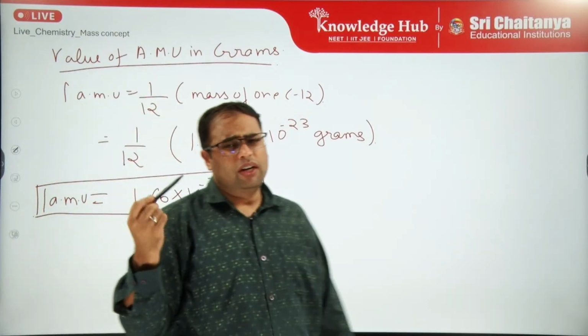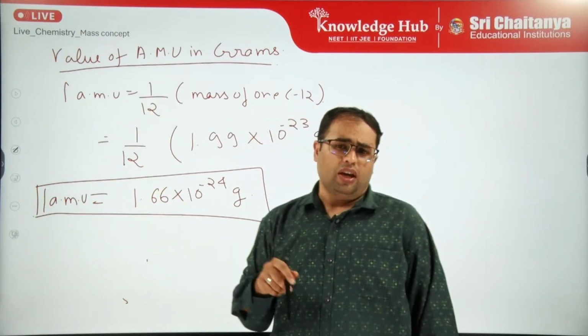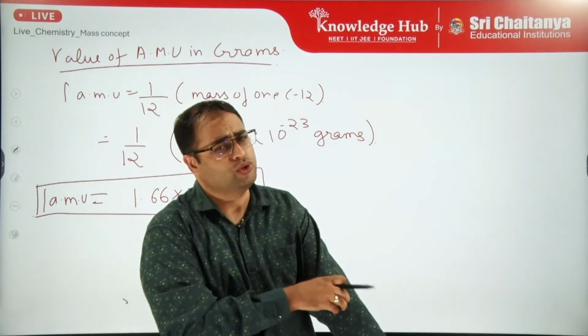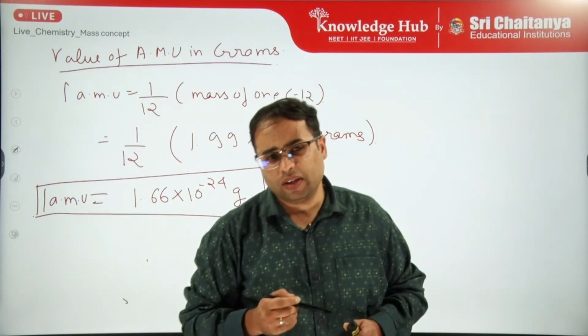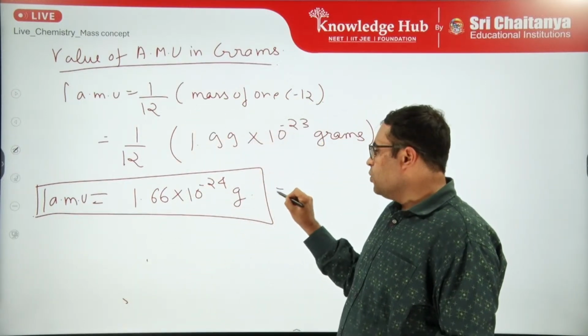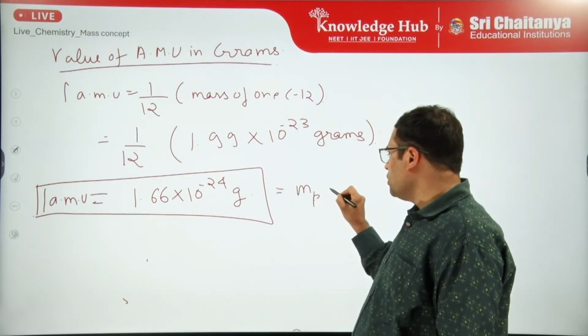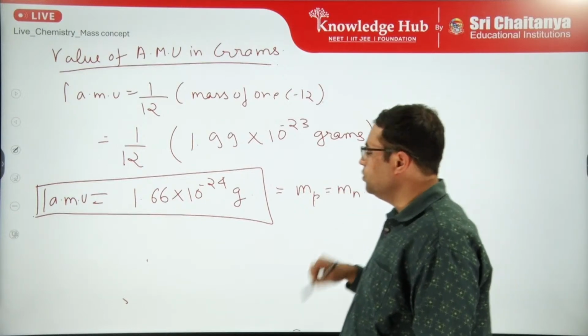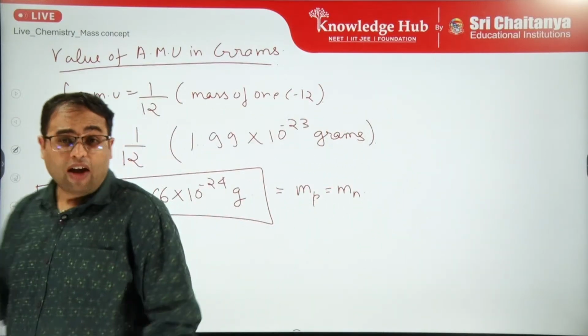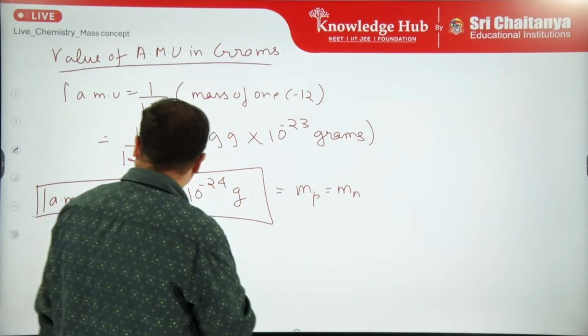Now think about it, in the same lecture today, I have given this value somewhere else also, right? What is this value actually equal to? I told you it is the mass of a proton, or equal to the mass of a neutron, right? So there you have it, the fundamental unit of mass.